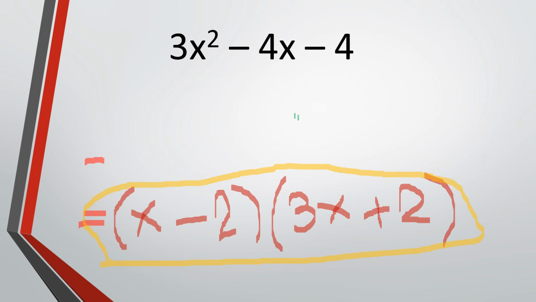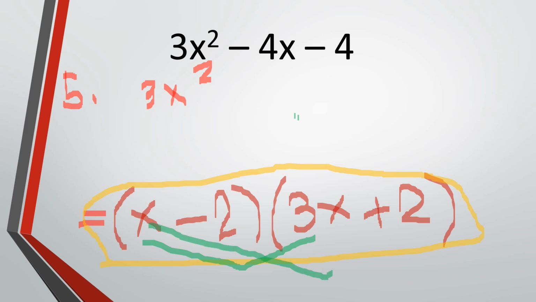Alright, now we have here step 5. Okay, now if you have x multiplied by 3x, the answer is 3x squared. If you have x multiplied by positive 2, the answer is positive 2x.